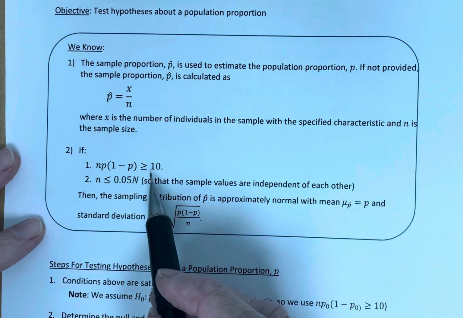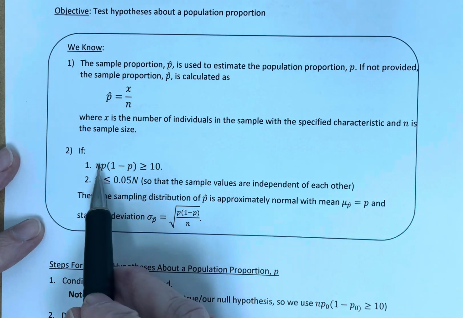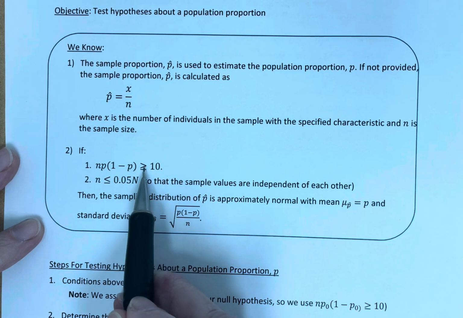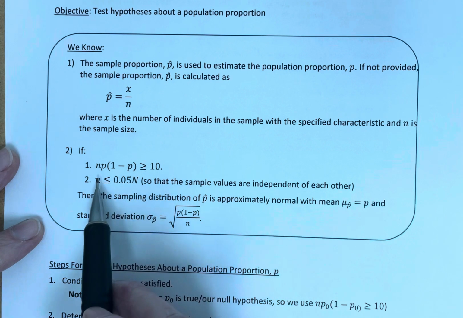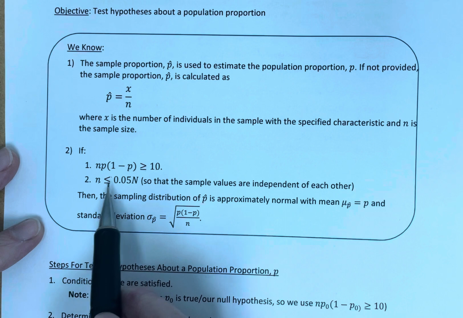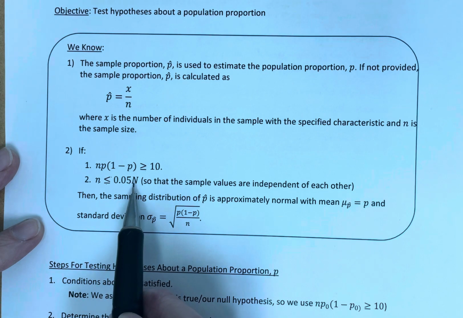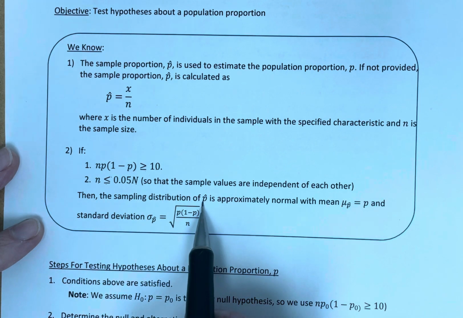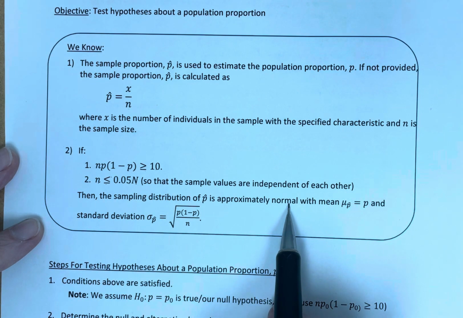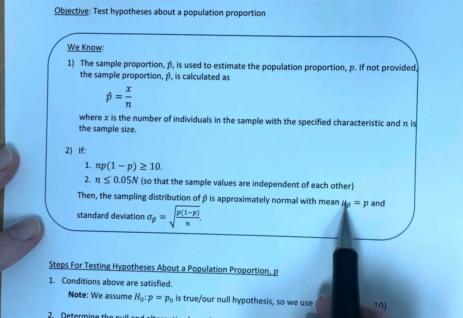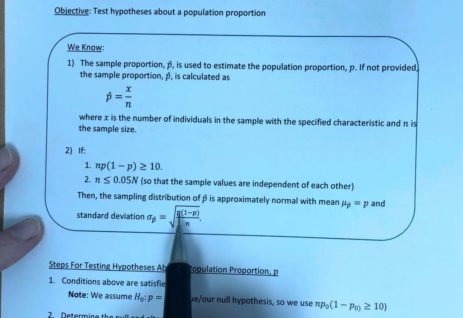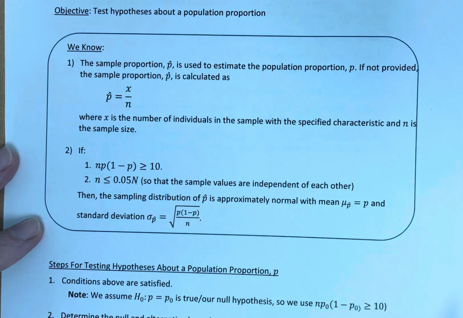We also know that if we have n times p times 1 minus p greater than or equal to 10, and that the sample size is less than or equal to 5% of the population size, then the sampling distribution of p hat is approximately normal, with mean p and standard deviation square root of p times 1 minus p over n.